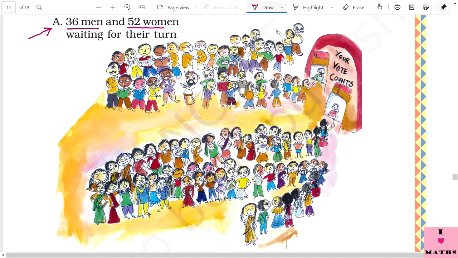36 men and 52 women waiting for their turn. Okay children, you can see that this is a polling booth. Now, you must be wondering, what is a polling booth? Children, you must have heard your parents, they go and vote.